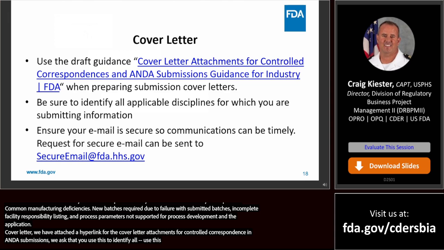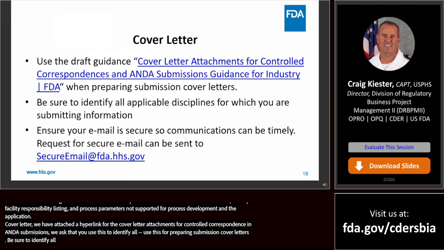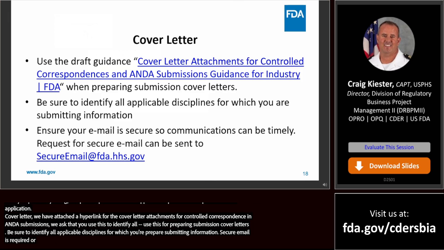Be sure to identify all applicable disciplines for which you're submitting information, particularly for amendments. We'd also like to remind you that secure email is required or strongly recommended. If you don't have this, you can easily request it by sending an email to secure@fda.hhs.gov. The templates and the guidance appendices will make for a more efficient triage process.